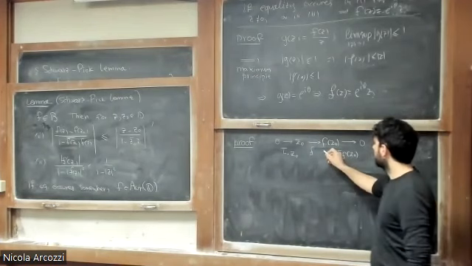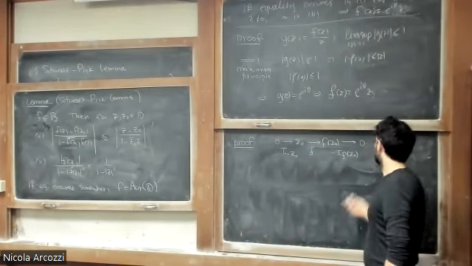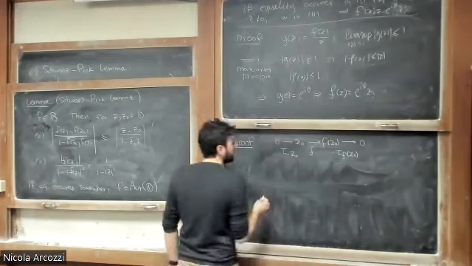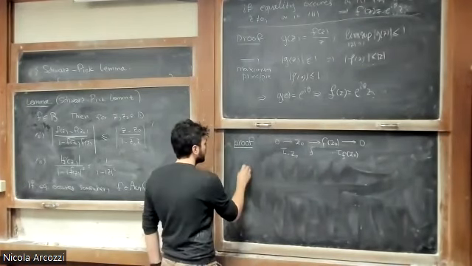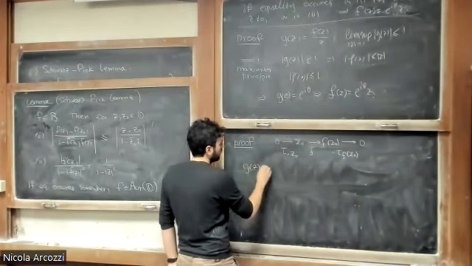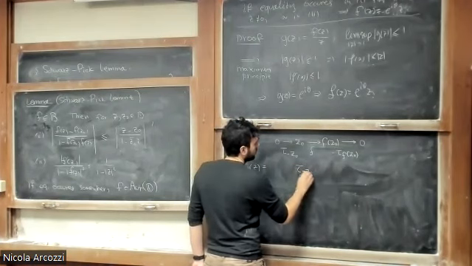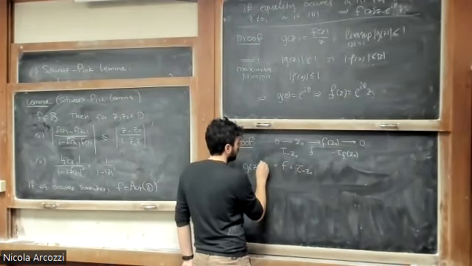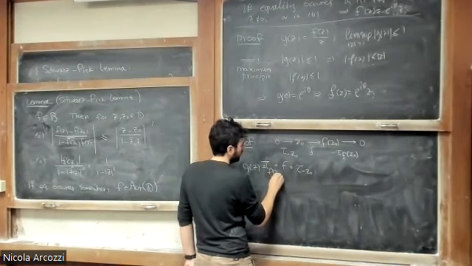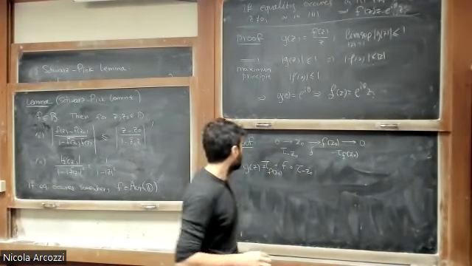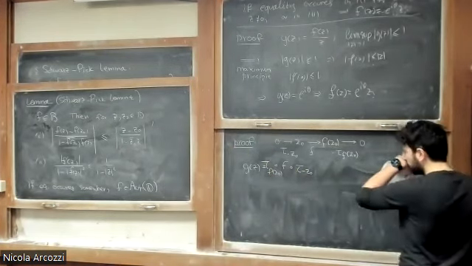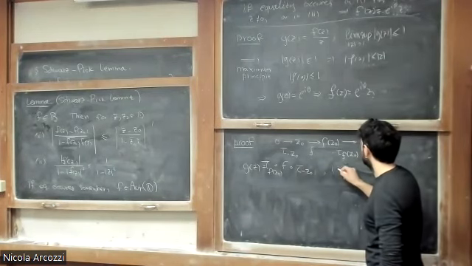So if we compose everything here, we can apply the Schwarz lemma to the function g, tau of f(z0) composed with f composed with tau of minus z0, which fixes the origin.